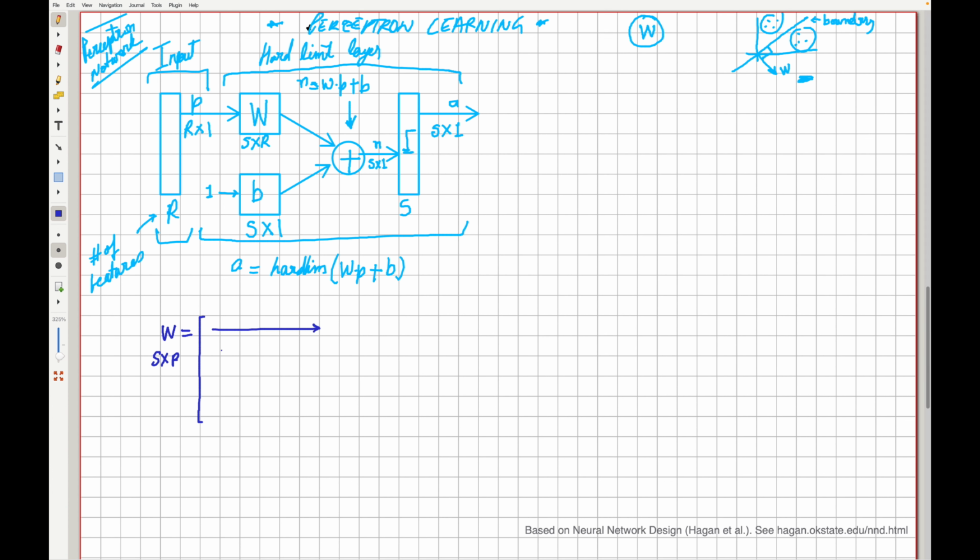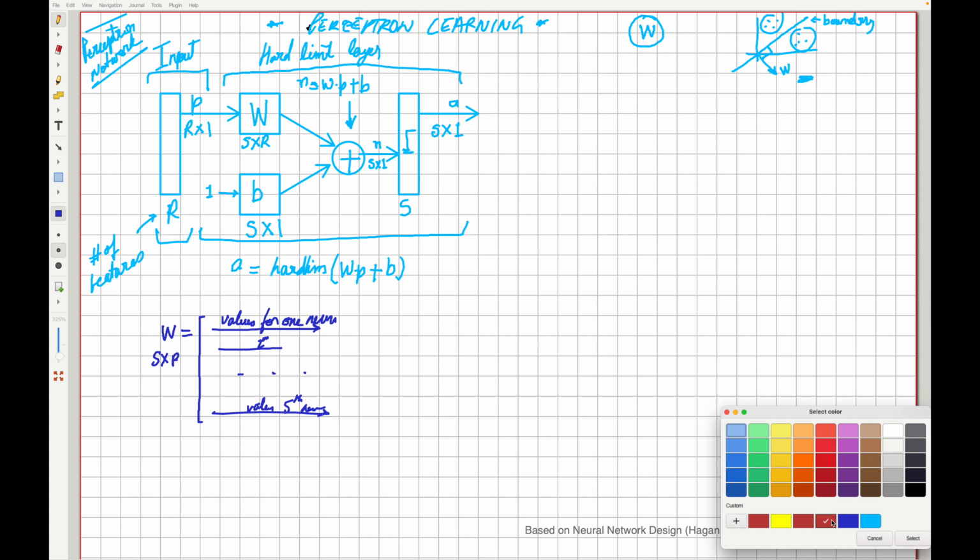In each of these rows, it is going to represent values for one neuron, or the first neuron, then values for the second neuron, and so on. And this is going to be values for the Sth neuron. That's what we have. And if we now look vertically down, that is going to represent something else.